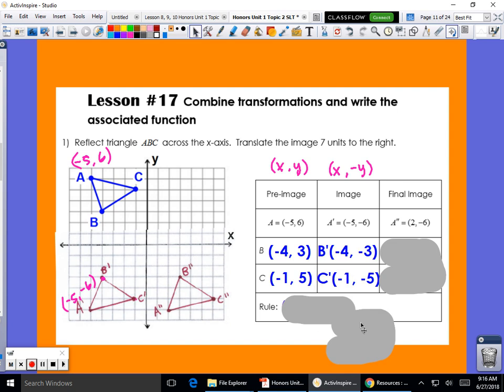So we're going to identify each of those new points. And then the next request was to translate the image 7 units to the right. Well, to get 7 units to the right, if we move right 7, we're adding 7 to the x. So we're going to take x and we're going to add 7 to it. And the y didn't change at all. So we're taking this step and building on the previous step.